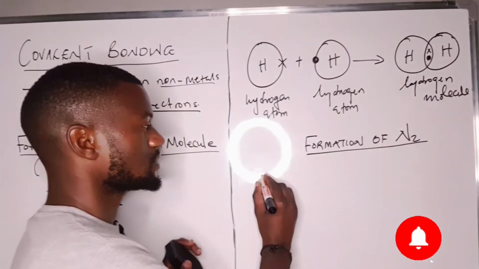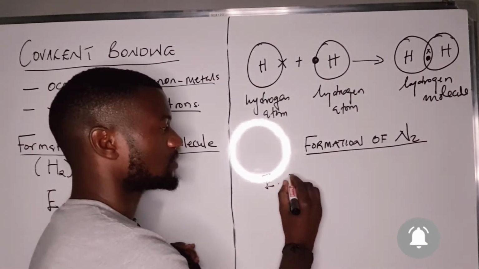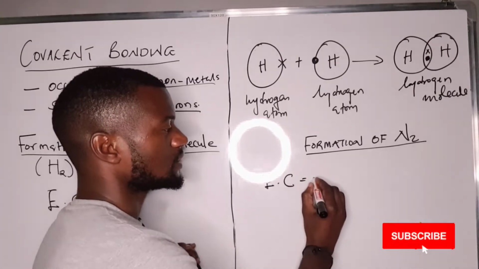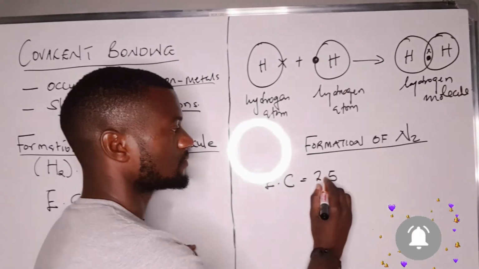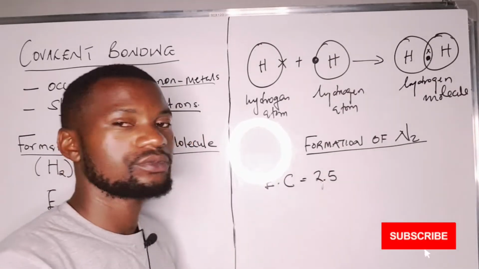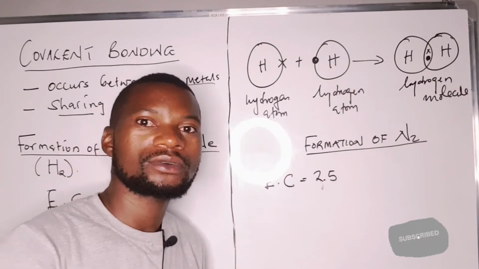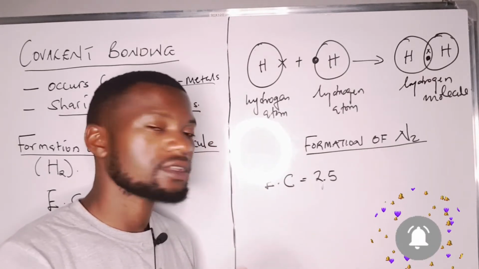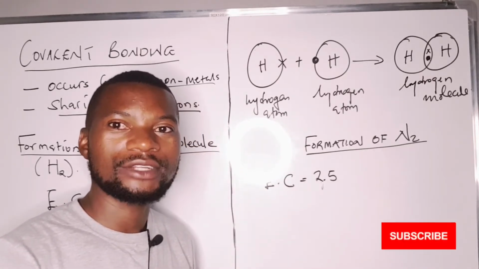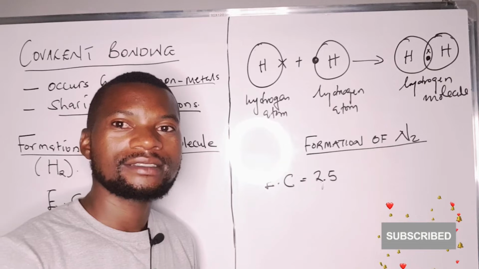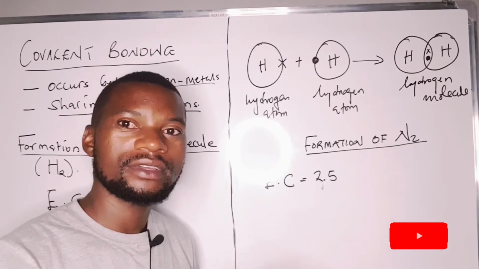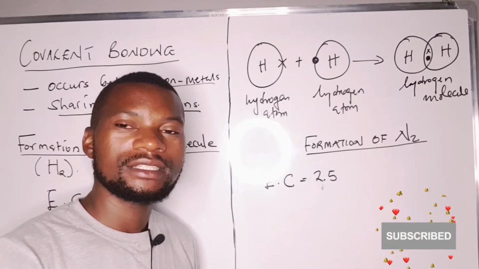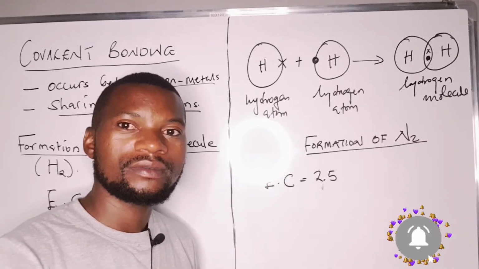So in this case, the electron configuration for nitrogen is 2, 5. So in short, each nitrogen atom has 2 electrons in the first shell and 5 electrons in the second shell.